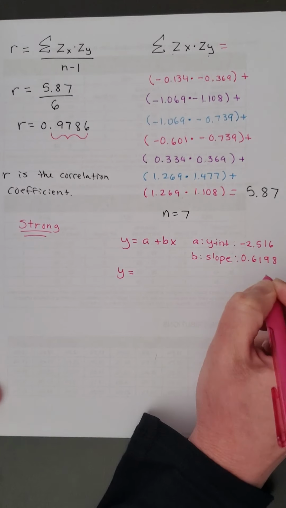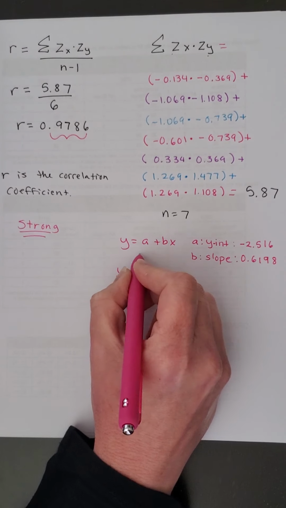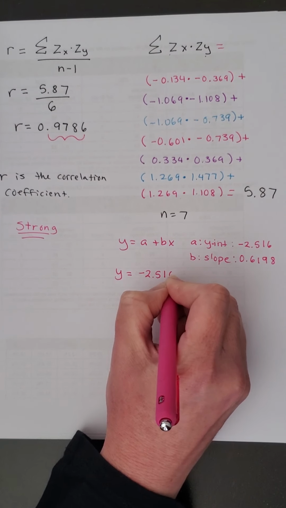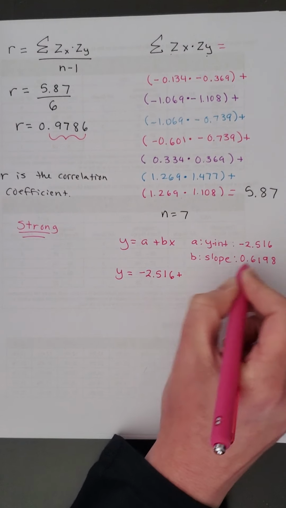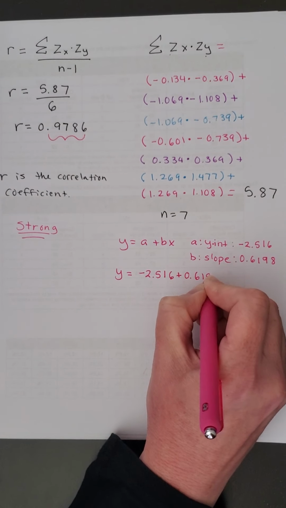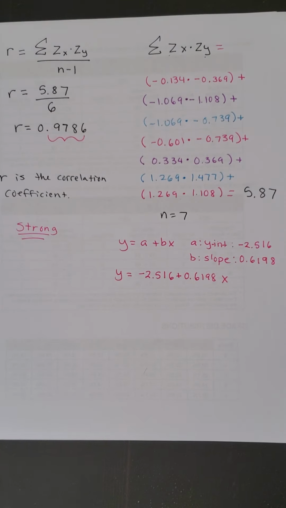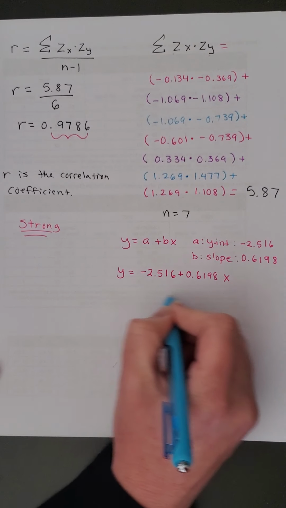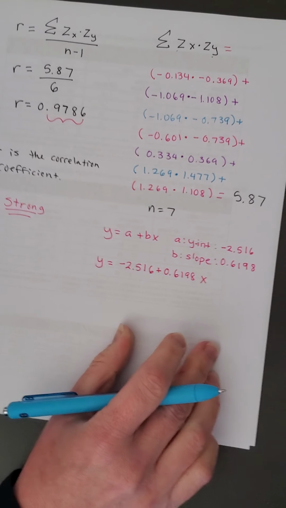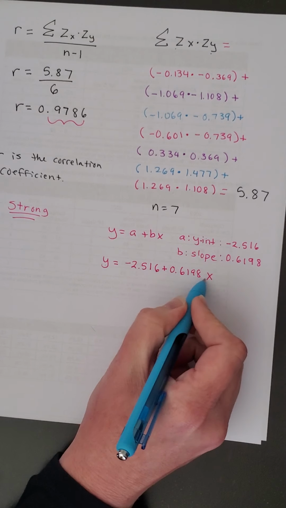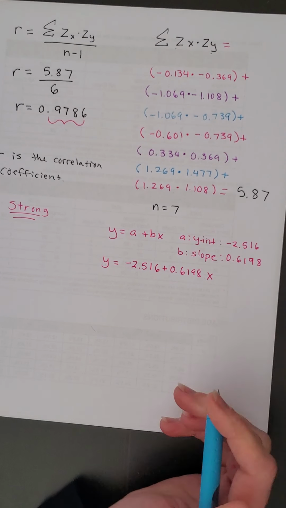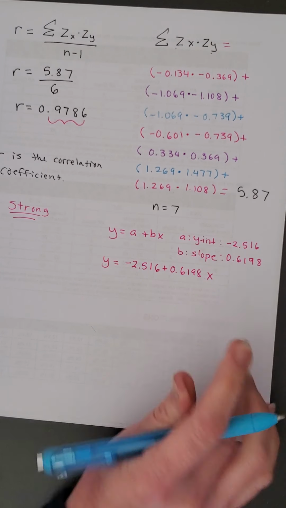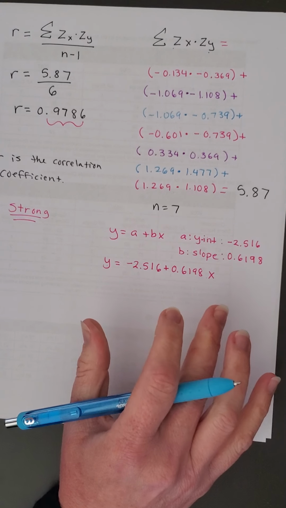I would round that to an 8. Okay, so A, which is negative 2.516, plus B, 0.6198x. Now, in AP stats, hardly ever do I leave it in X and Y. First of all, they want you to either define X and Y or use the words. For me, students make fewer errors when we actually use the words.